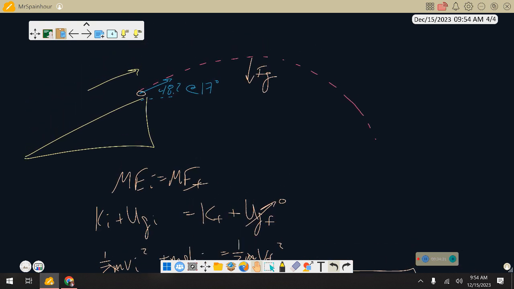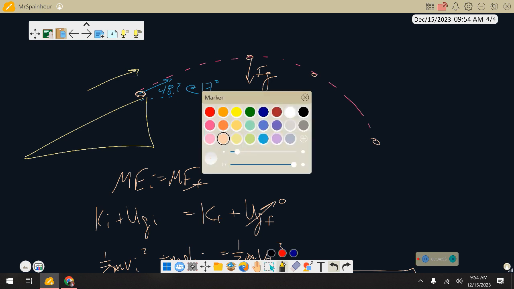The main thing to keep in mind here, though, is, once again, I'm starting here, but the first problem ended here. The second 2D kinematics ended here. Where do we want to end now? Over here. So can we use the same set of variables? No. So for the last problem, switching colors one last time, what have we not used?